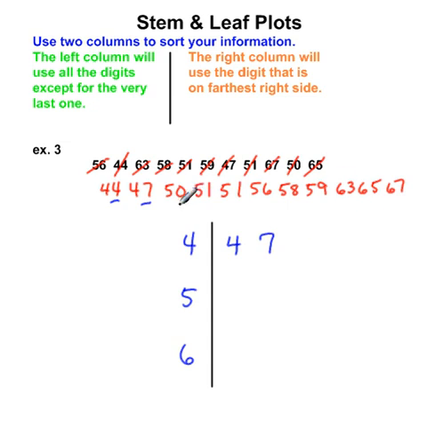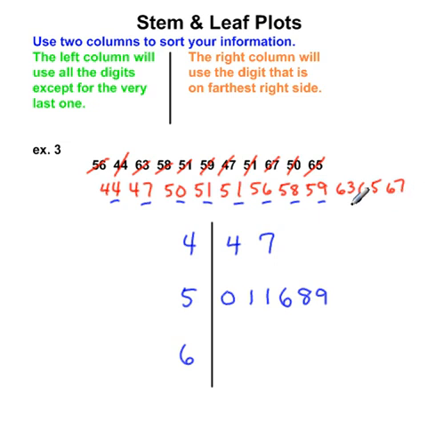For our 50s, I have a 0, 1, 1, 6, 8, and 9 as the furthest right digits, so we'll write those down too. There's 50, 51, and there's 2 of those. We have 56, 58, and a 59.